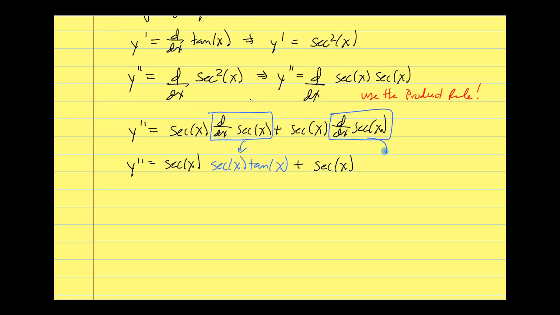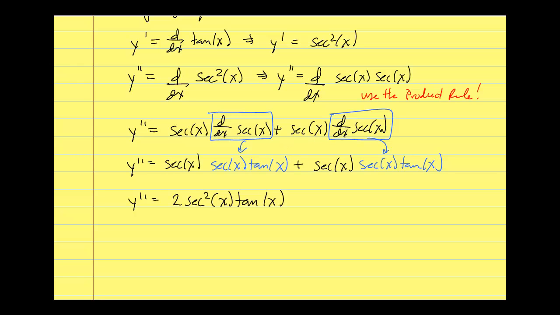It's still going to be secant of x tangent of x. So rewriting, I have secant squared tangent plus secant squared tangent, which is 2 secant squared of x tangent of x. So that's my solution for the second derivative.